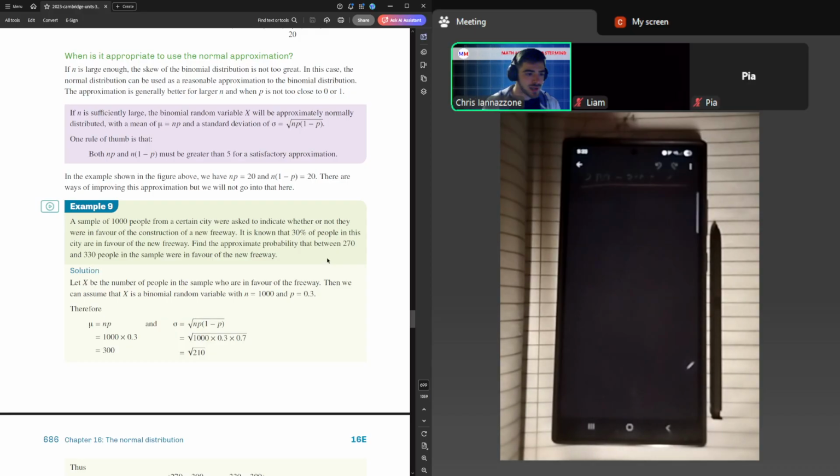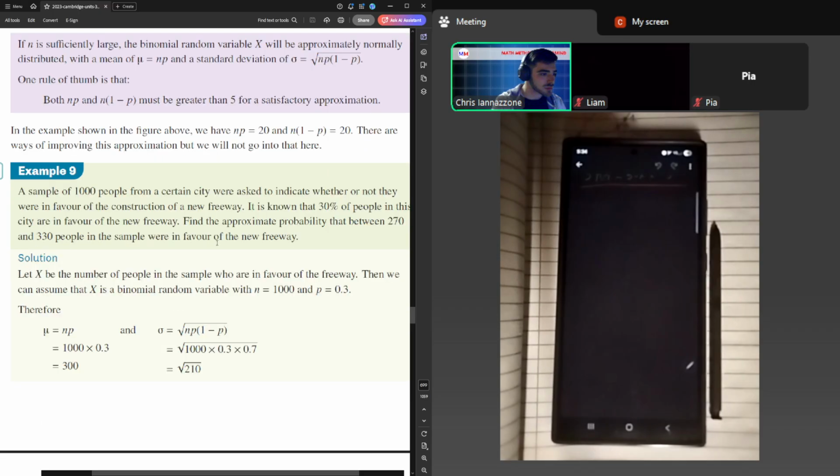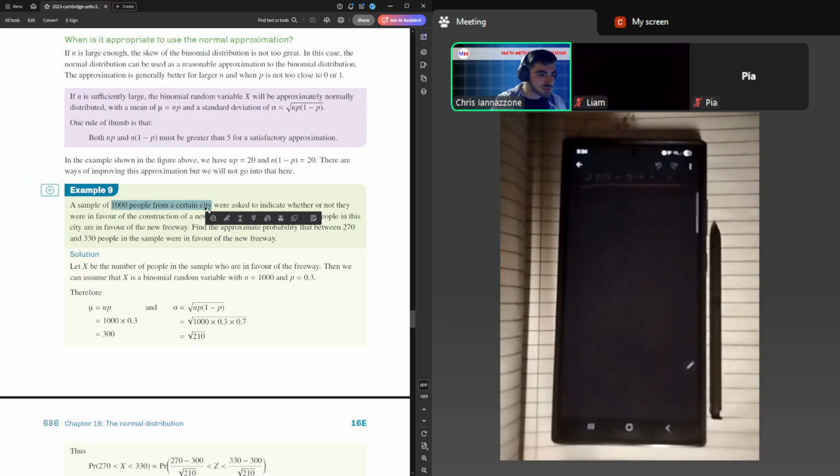In this case, we have something that's clearly binomial in nature, so that means only two possibilities for trials, and trials are independent. In this example 9, 1,000 people are sampled. Are they in favor of construction or not? There's two possibilities there, either in favor or not in favor.